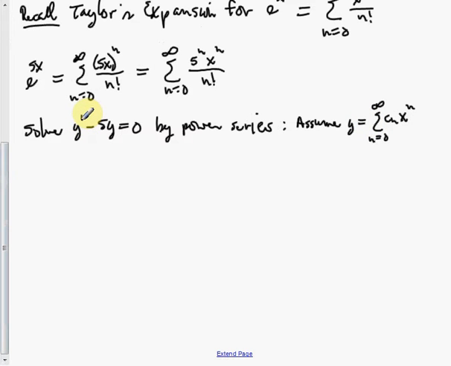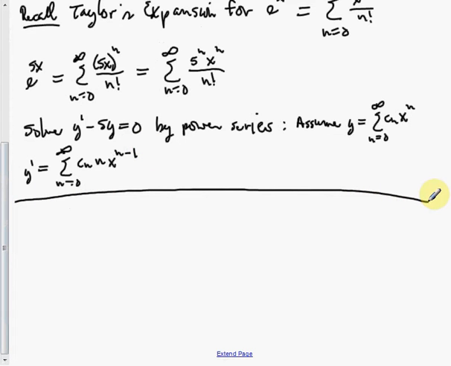So looking at the power series, y prime then would imply that this is the summation as n goes from 0 to infinity. The c is a constant, multiply it times the term, so you take the derivative of x to the n. That's just n times x to the n minus 1. So the problem is y prime minus 5y equal to 0.